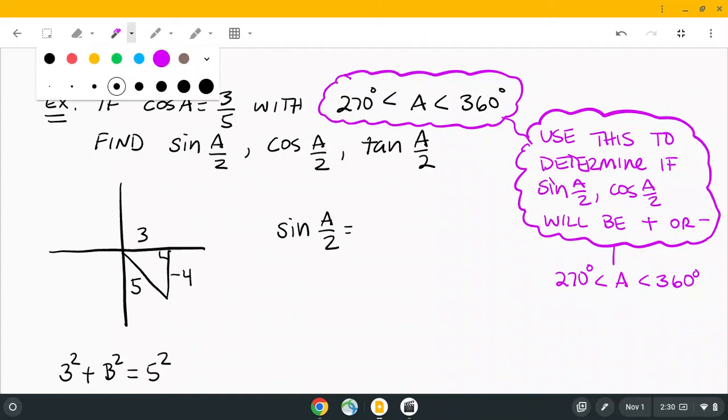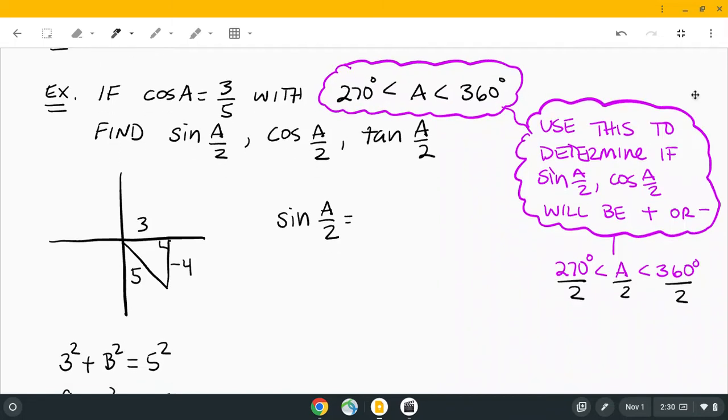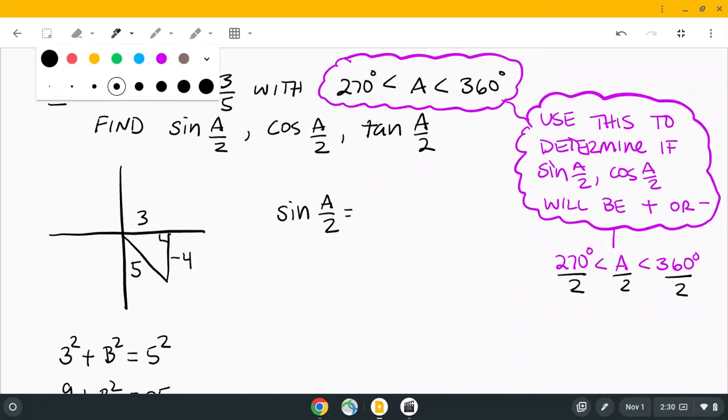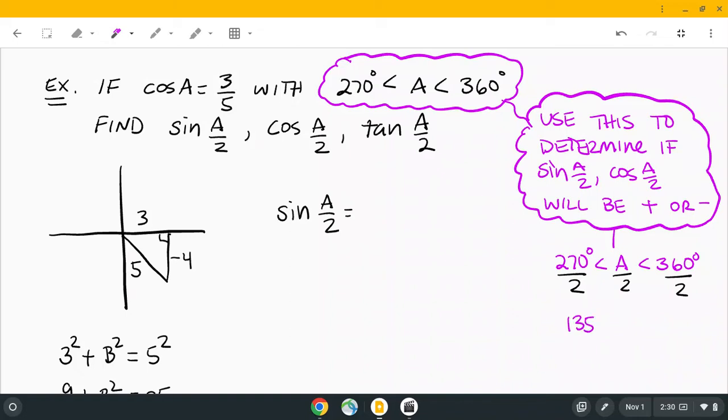It turns out that A over 2 will be somewhere between 135 degrees and 180 degrees.